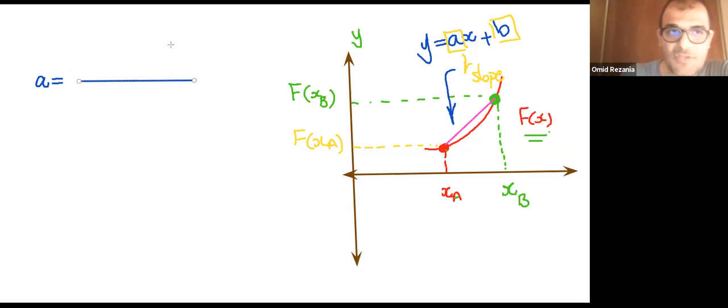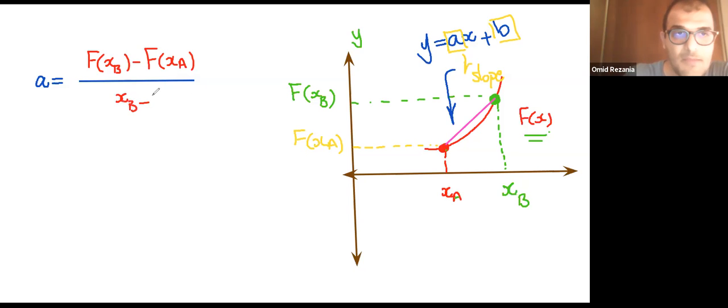I come here and say f of xb minus f of xa divided by xb minus xa. It essentially represents the slope of the line connecting these 2 points together.